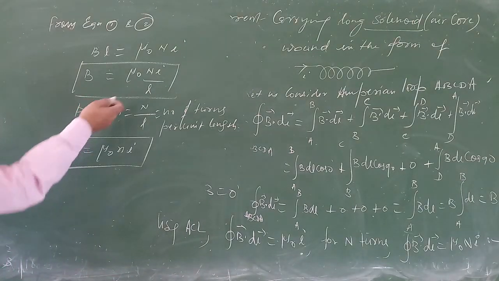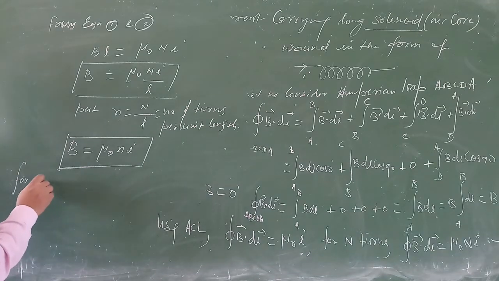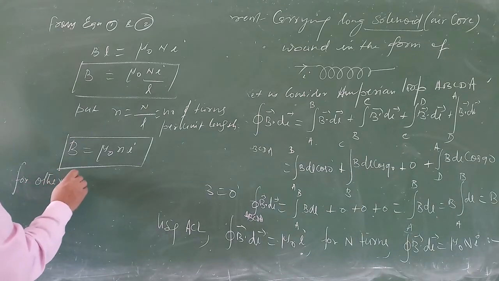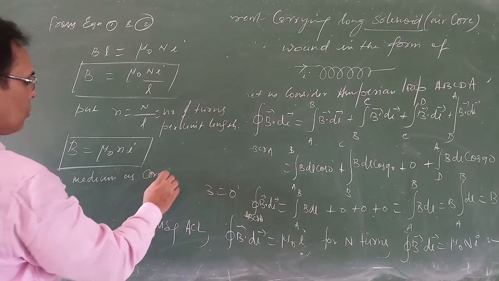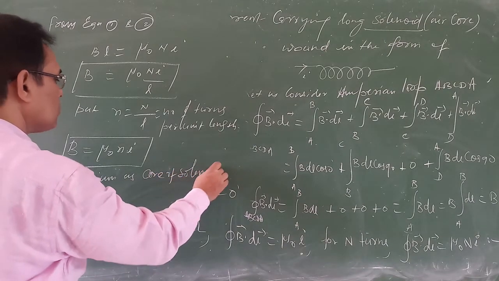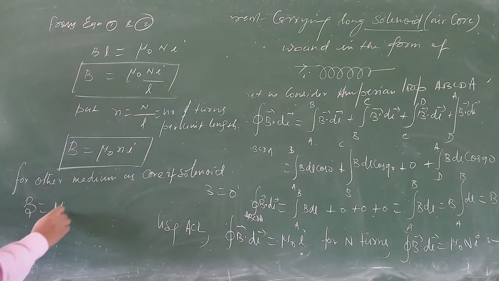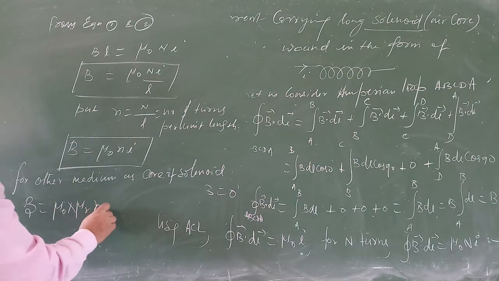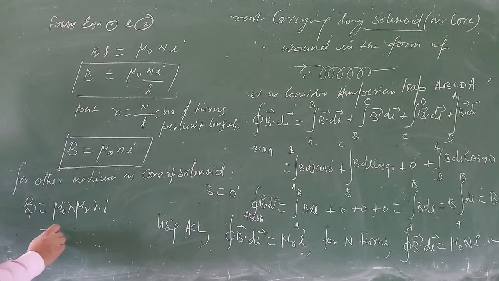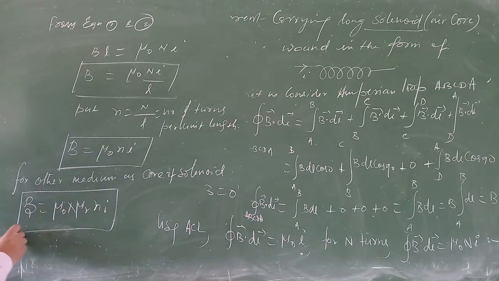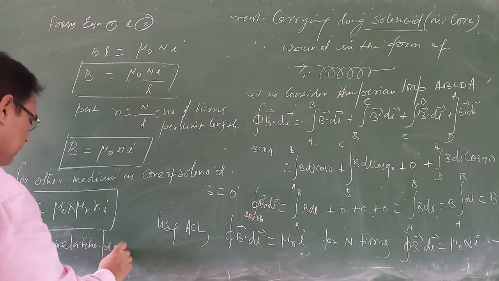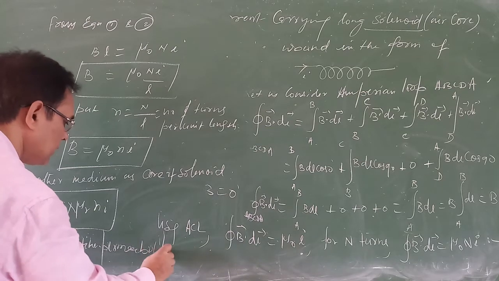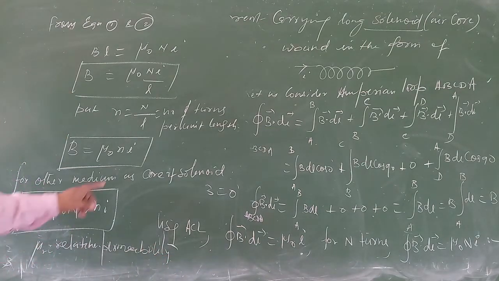Suppose you place any other medium as the core of the solenoid. Then you can use B equal to mu naught into mu r n I, where mu r is the relative permeability, and the remaining terms are the same.